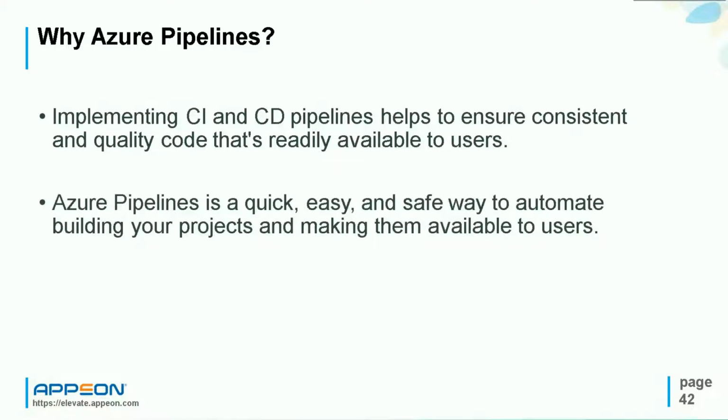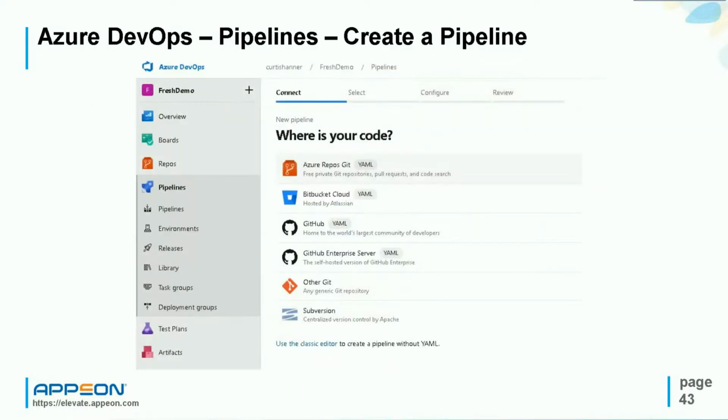Azure Pipelines is a quick, easy, and safe way to automate building your projects and making them available to users. Well, that just sounds like stuff straight from the marketing department at Microsoft. Anyway, we're going to jump in here and create a pipeline.